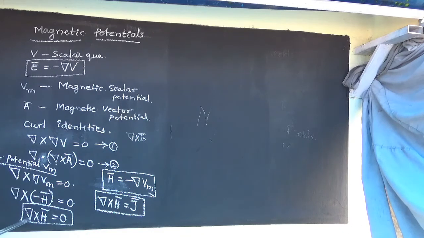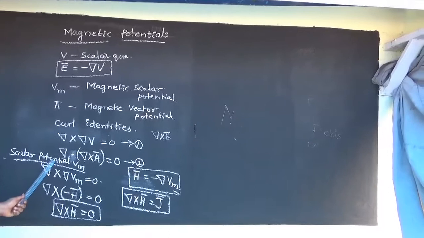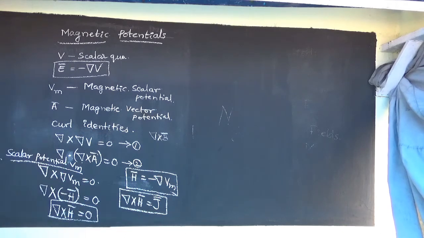But what we got here? Del cross H bar equal to 0. So to identify the scalar potential of the magnetic field, we should have this equation, del cross H bar equal to 0. And what does it mean? It means that the current density J bar will be 0. That means this is a curl, but with the current density as 0.